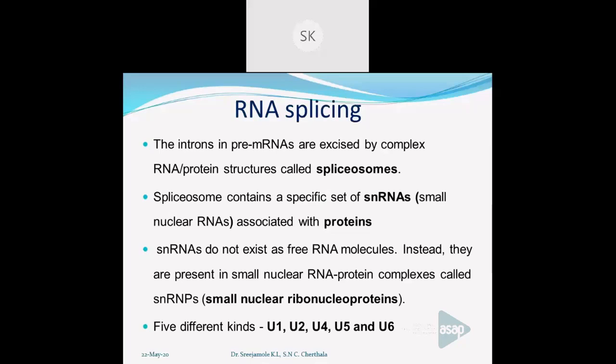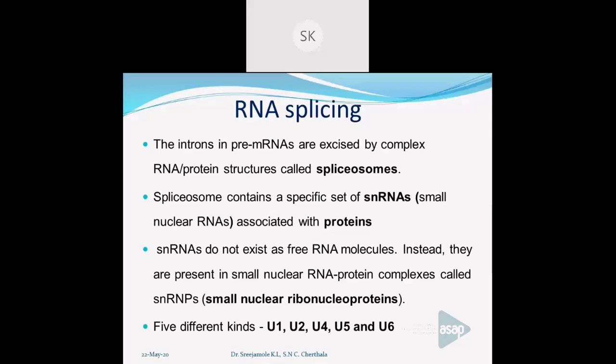These small nuclear RNAs are associated with some proteins, called small nuclear ribonucleoproteins. When snRNAs are associated with the proteins, we call them snRNPs, denoted as snRNPs.